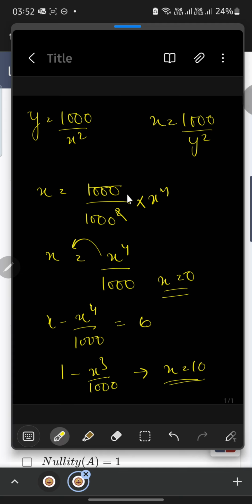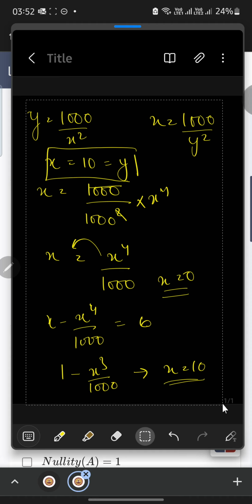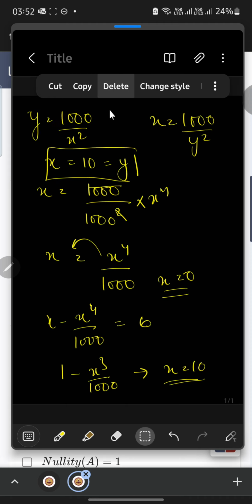Now while substituting, we can say that x is not equal to 0 because y would be infinity, and that would not result in a critical point here. Instead we can use x equals 10, and from that we can certainly say that x is equal to 10 is equal to y, right? And as x equals y equals 10, we already found that out, so we can move on to the constraint here.